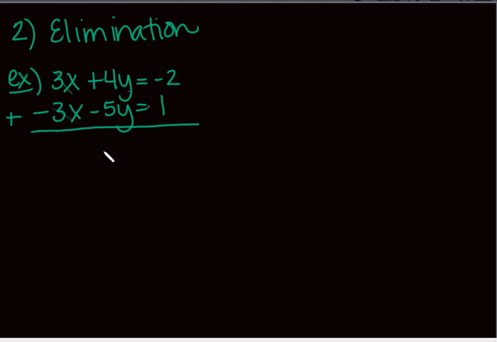What am I left with? 4y minus 5y is negative y. Negative 2 plus 1 is negative 1. So right away we get y equals 1.